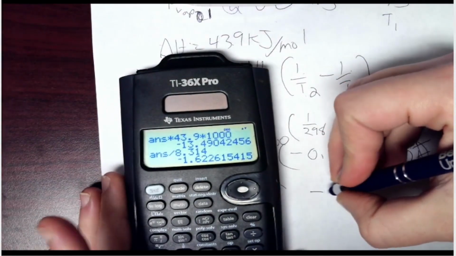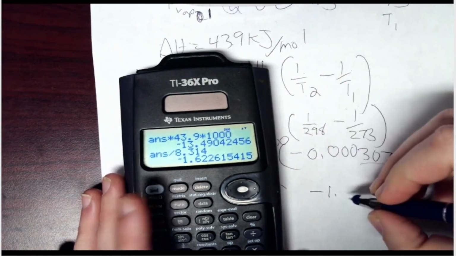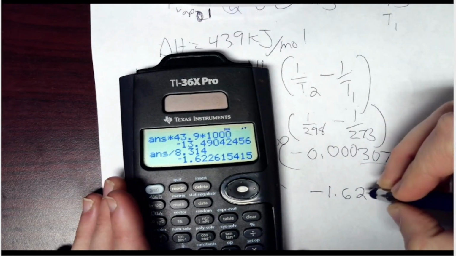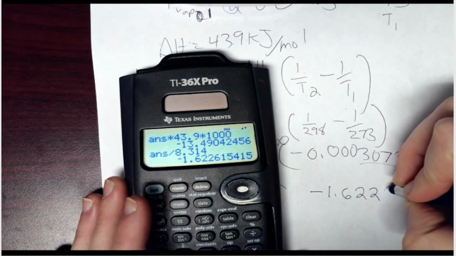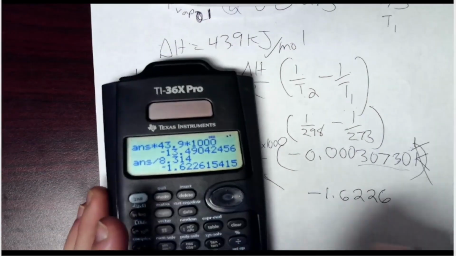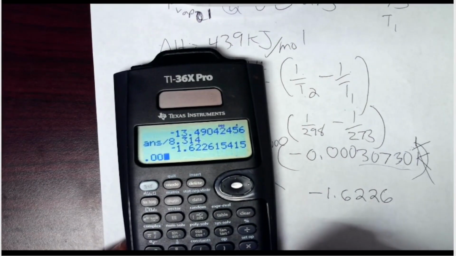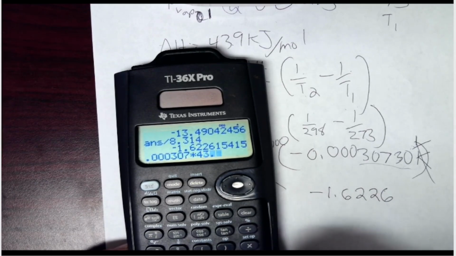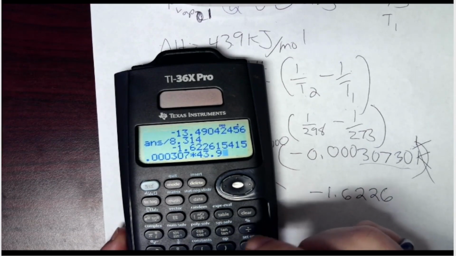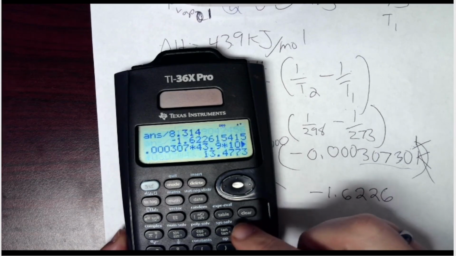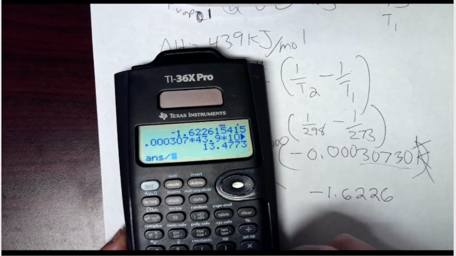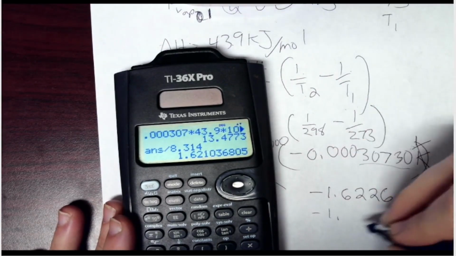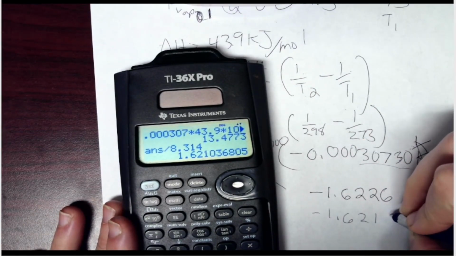So my number, I'm going to keep at least 5 sig figs. 1.6226. Now, you'll see why. If I said 0.0003 4307. Let's try this. 43.9 times 1,000 divided by 8.314. That gets negative 1.6210.